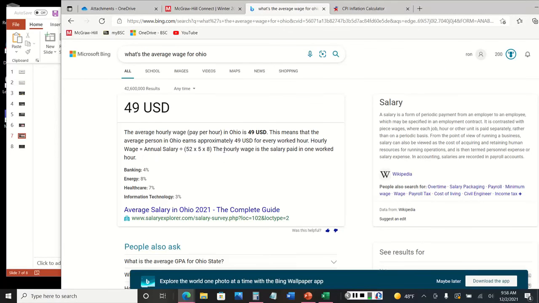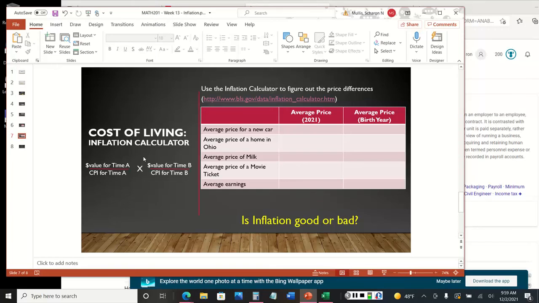Average hourly wage in Ohio is 49. Wow, it's a lot more than I thought. Hmm, $49 per hour. Okay, so let's say that the average wage in Ohio, that's a lot of money. I didn't expect that number. $49 per hour.